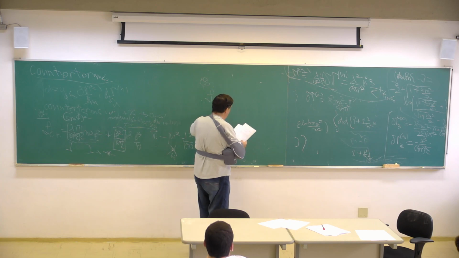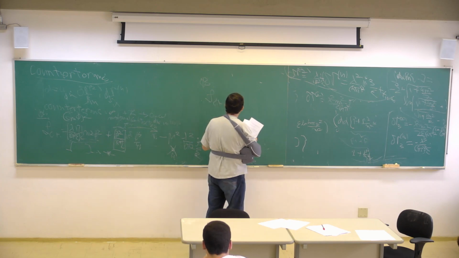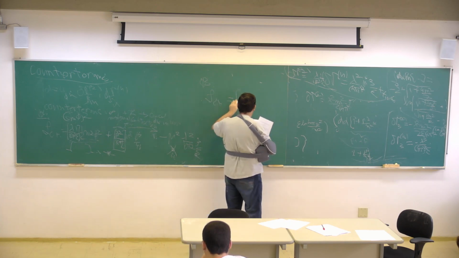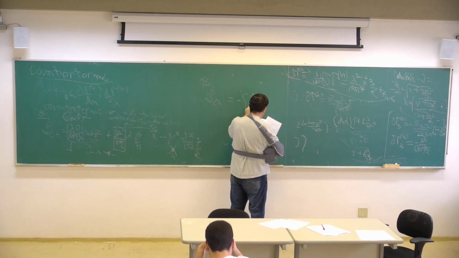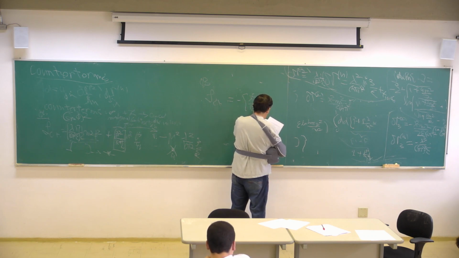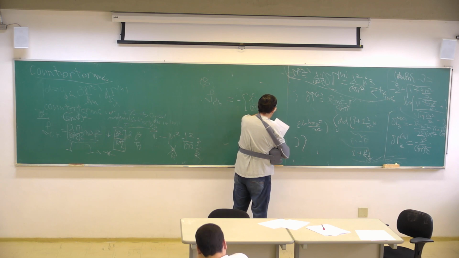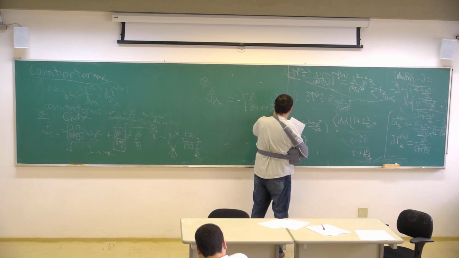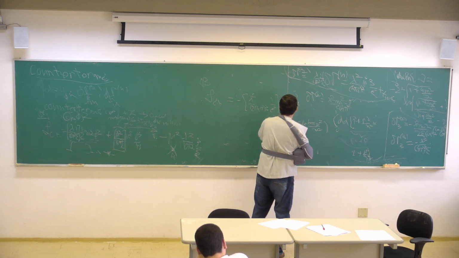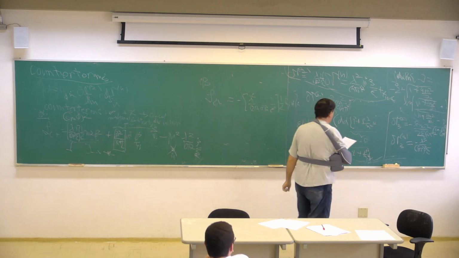So now the counterterm part is just minus lambda squared over 12 (4 pi) cubed, 1 over epsilon, times 1/2 d mu phi squared.